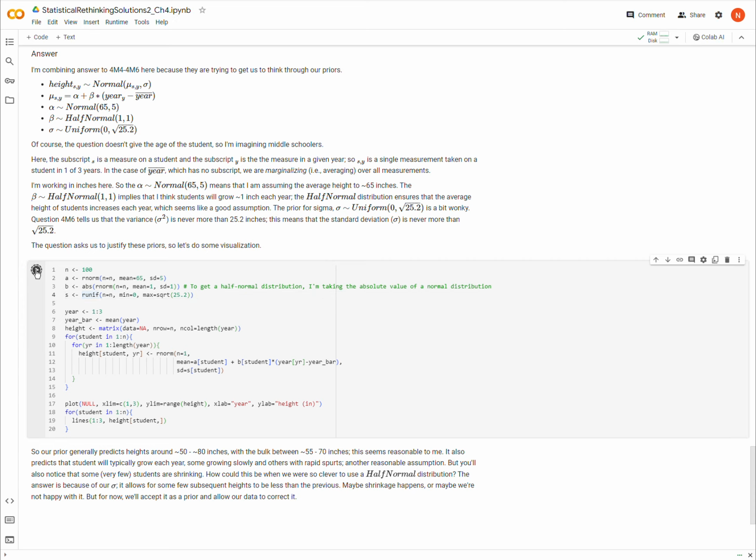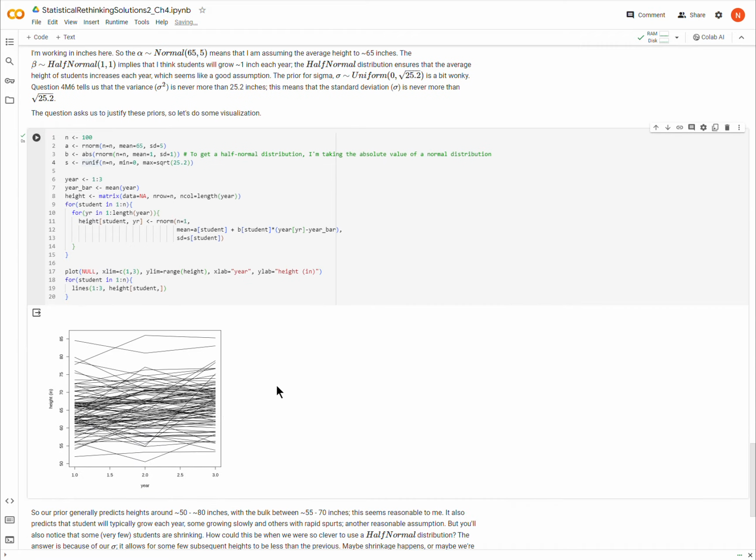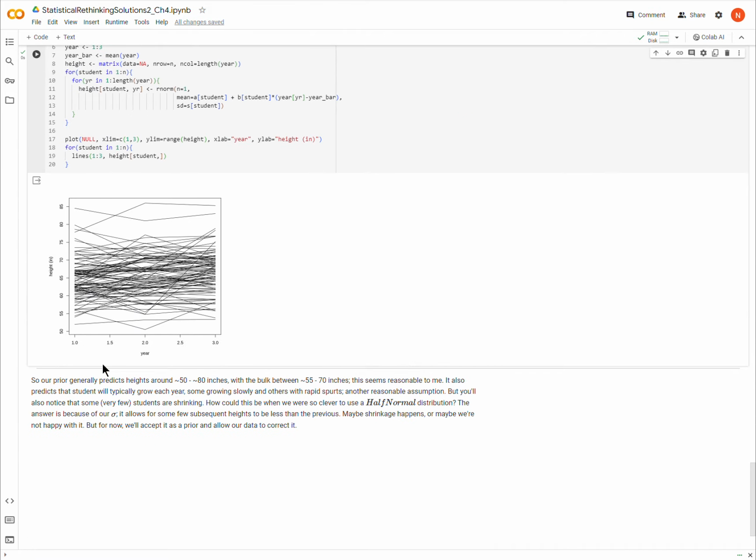Okay. So let's run this code. All right. So here's what our numbers look like. Along the x-axis we have the year 1, 2, 3. Right. We don't have measurements at 1.5 and 2.5. And the height in inches.